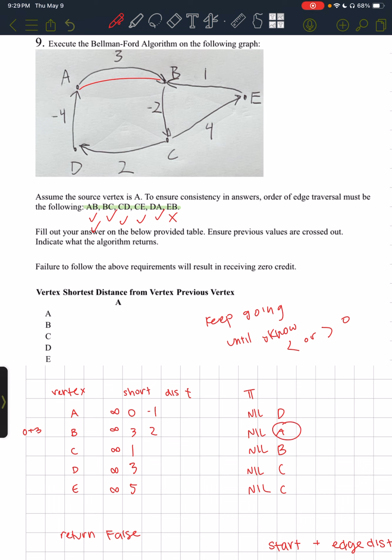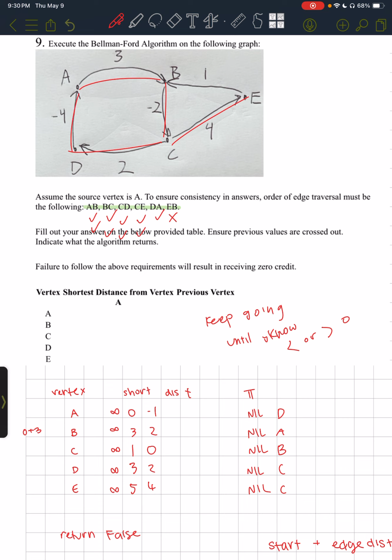And we don't update anything because it is less than, but it's still the same vertex. So next is B to C, which is -2 plus 2, which is 0. And then C to D, which is 2. And then C to E, which is 4. And then D to A, which is -4.